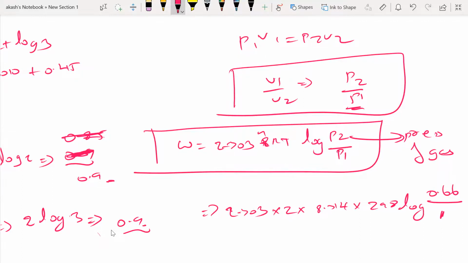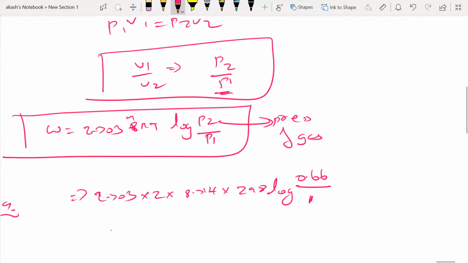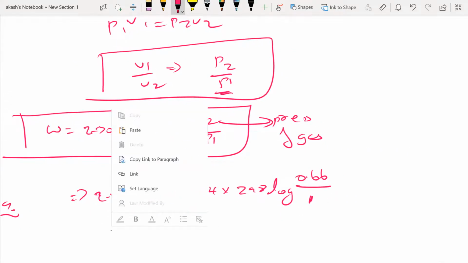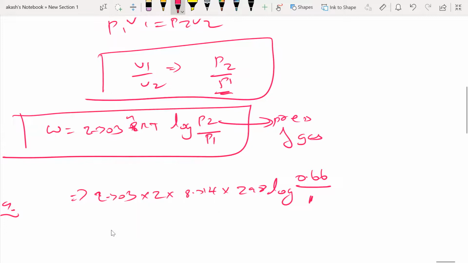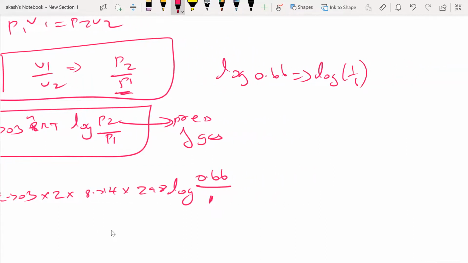Right, so I can actually do this log calculation without even a log book. Let me tell you how. This is nothing but log of 0.66 over log of 1, and log of 1 is 0. Don't worry about it. So log of 0.66, can I write this as log of 1 by 6, people? Again I can write it as log 1 minus log 6.